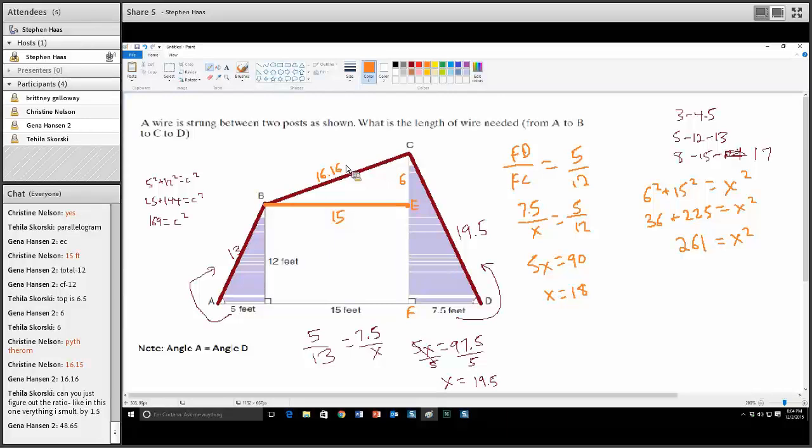You know, what would the harder way be? The harder way would have been to not use the similar triangle rule, but to figure out what angle A is using trigonometry, using the tangent. Figure out 12 divided by 5. Well, 12 divided by 5 is 2.4.